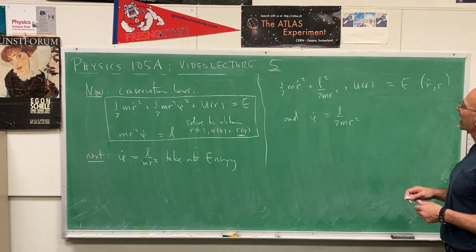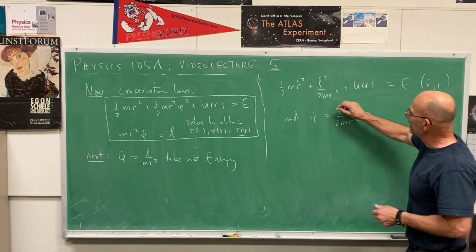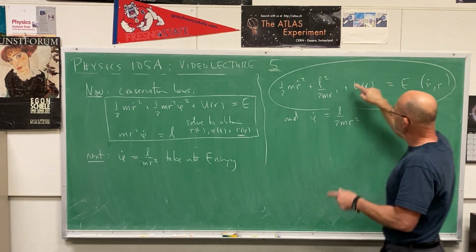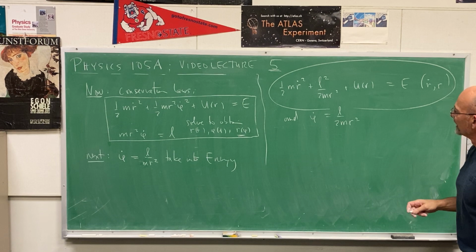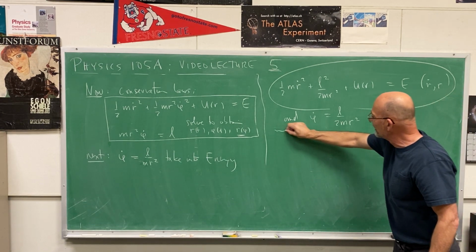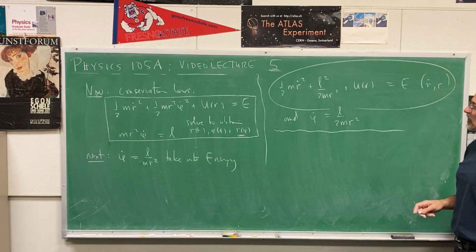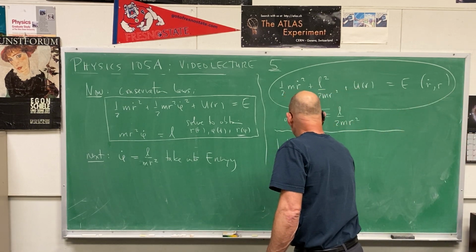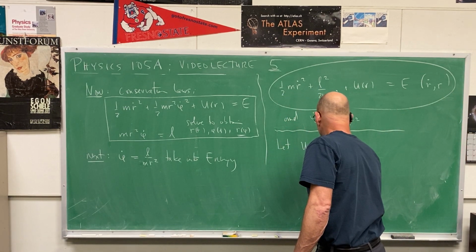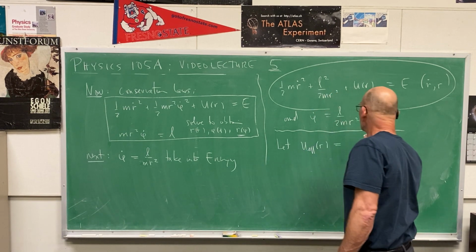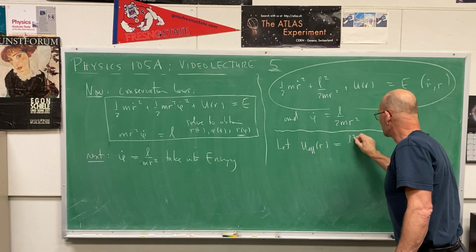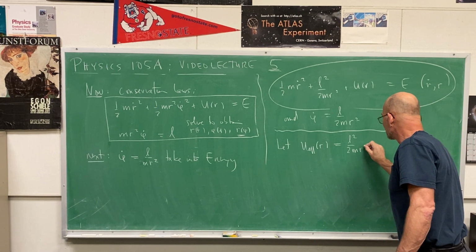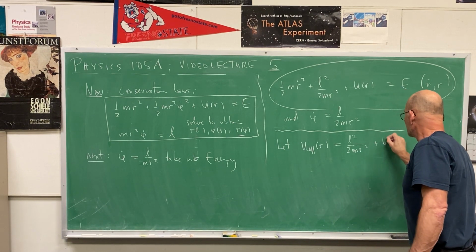So that's one way to look at it, and we're going to first concentrate on this one here, and this is where I define what's called the effective potential. So let U effective of r equal L squared over 2 m r squared, this is just the definition, plus U of r.